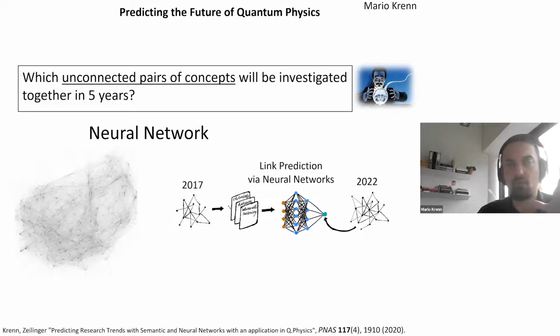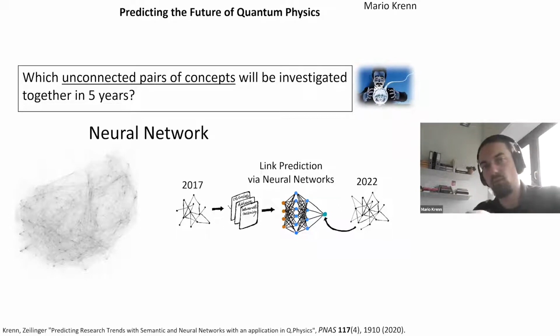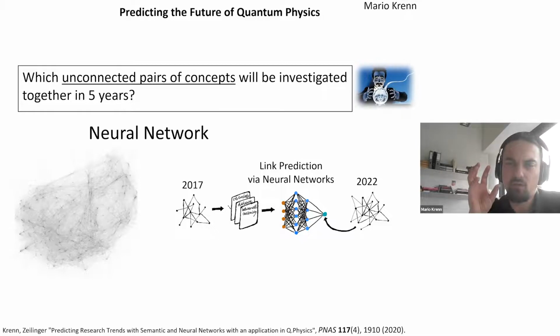Basically, we can use now our knowledge network of 2017. We put unconnected vertex pairs into the neural network, and the neural network needs to predict whether these unconnected pairs will be connected 5 years later.